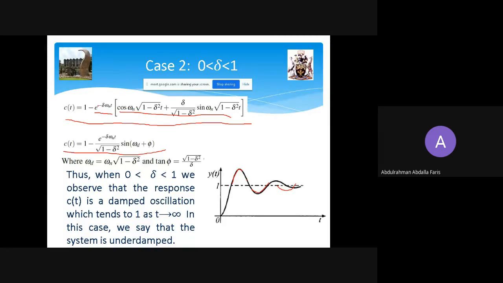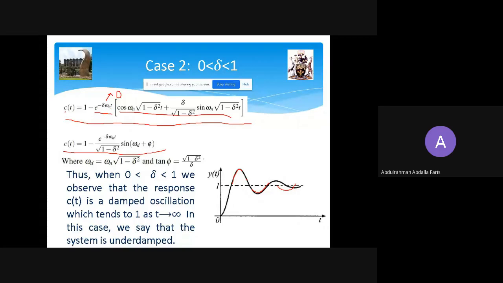We have minus delta omega n t. So when t increases, this part is reducing. As t goes very big, this factor goes to a very small number, such that you can say it goes to 0 as t goes to infinity.